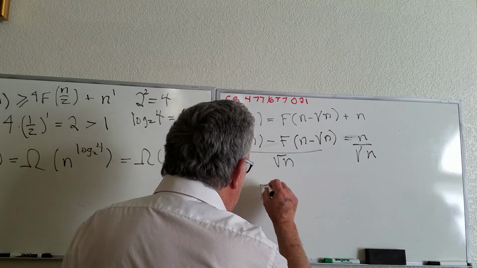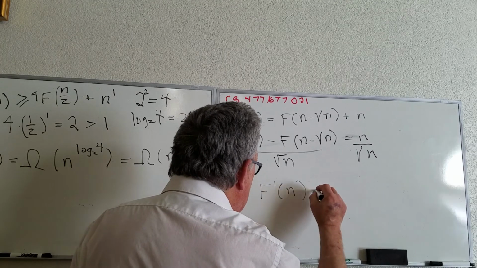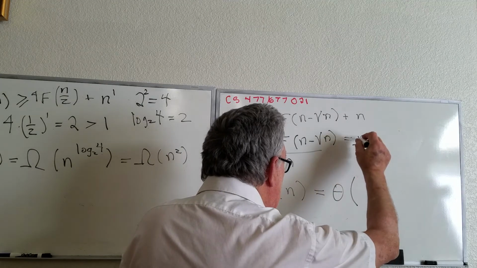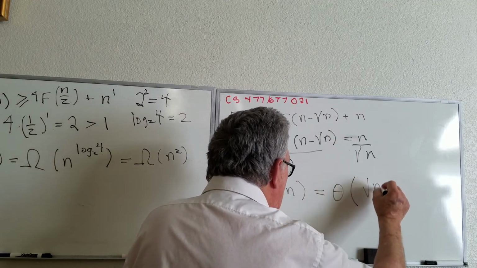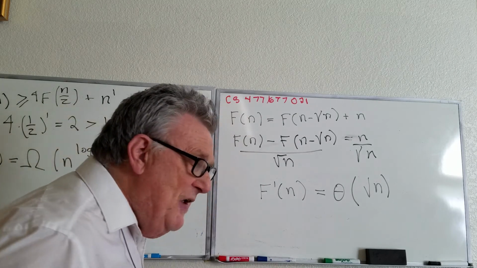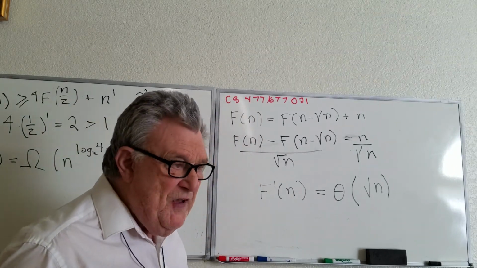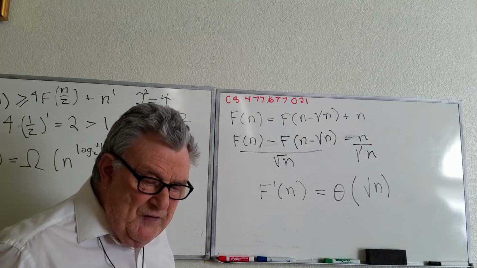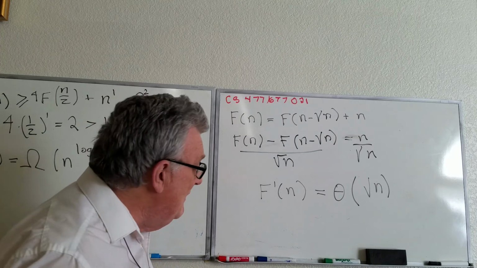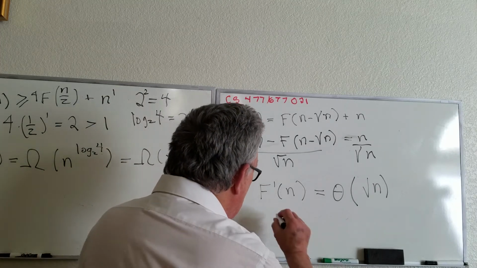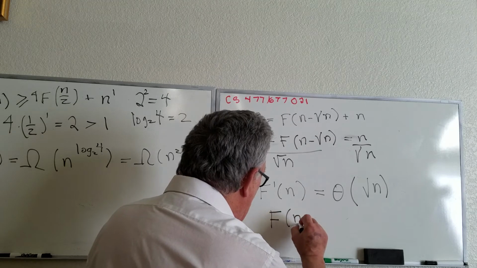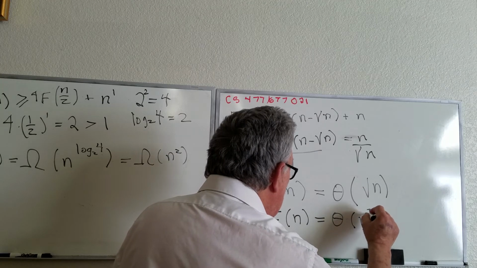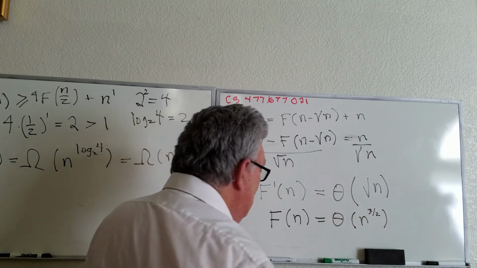So that means that f prime of n is approximately theta of n divided by the square root of n, which is the square root of n, which is n to the power of 1/2. What's the antiderivative of n to the 1/2? You should know that it's n to the 3/2 divided by 3/2 from calculus. Well, we don't care about the 3/2 because we're doing asymptotics. So the answer is theta of n to the power of 3/2. And that's the answer.